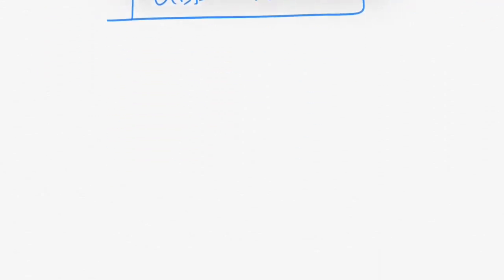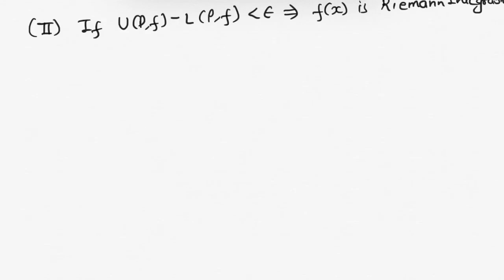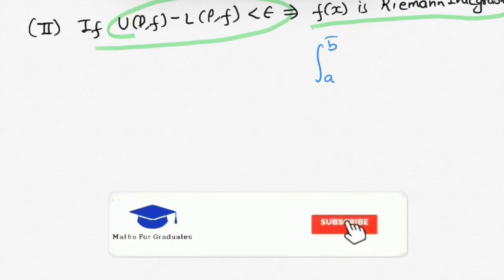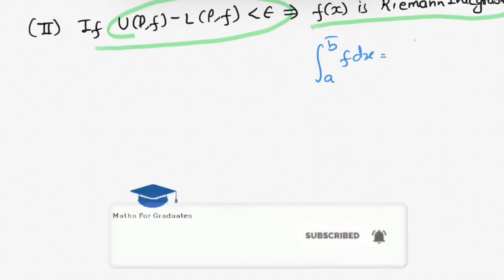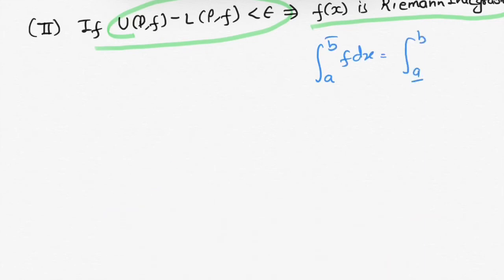Now let's prove in the reverse direction. It is given that f(x) satisfies this relation. Then we have to prove that f(x) is Riemann integrable. That means we have to show that the upper Riemann integral is equal to the lower Riemann integral. So let's prove it.